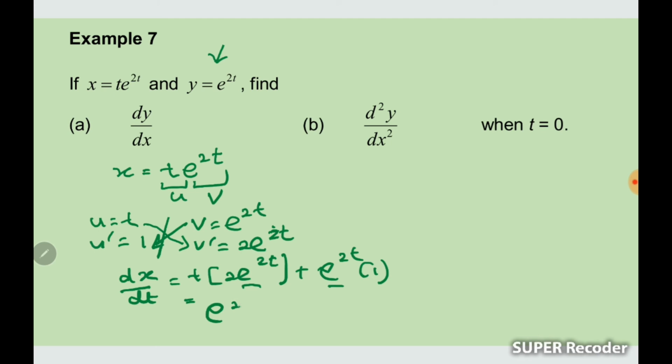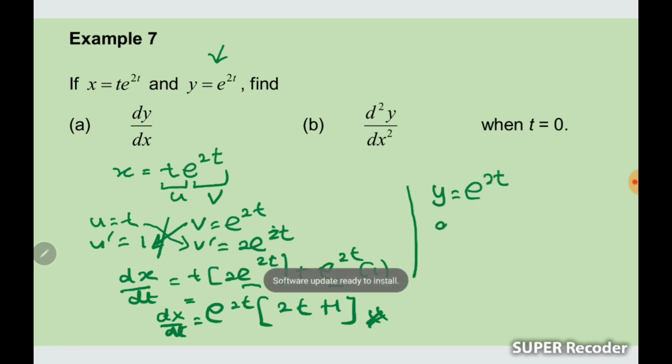The remaining term is 2t plus 1. This is dx/dt. Now we will find out what is dy/dt. If y equals e to the power of 2t, dy/dt equals 2e^(2t).